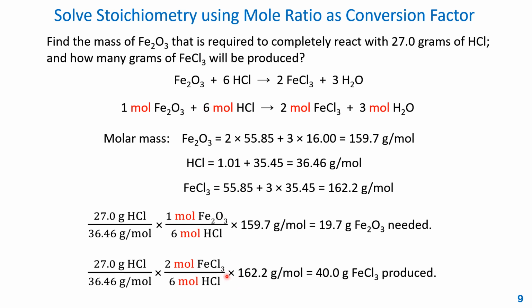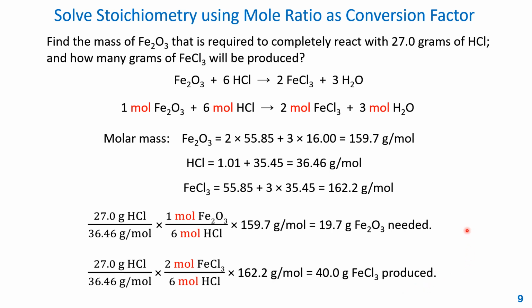And then multiply by the molar mass of this iron(III) chloride. And then you get the answer. So basically in your calculator, you have 27 times 2 times 162.2 divided by 36.46 and then divided by 6.